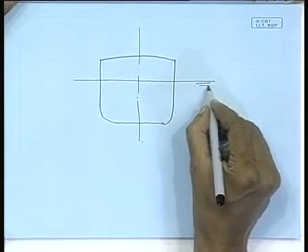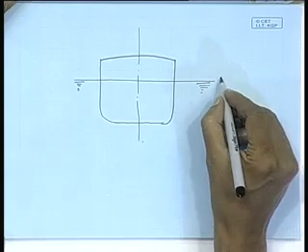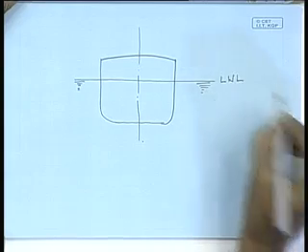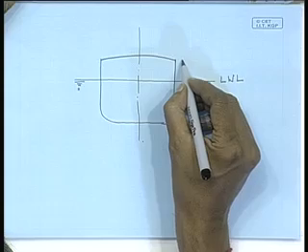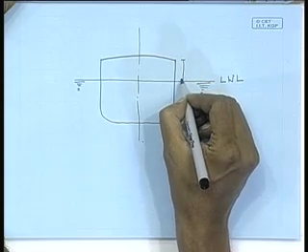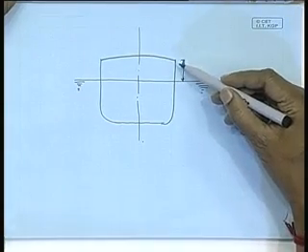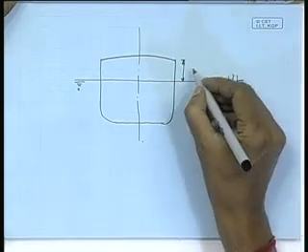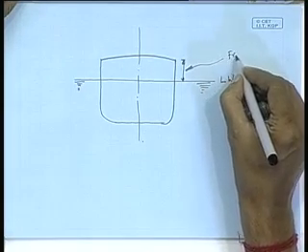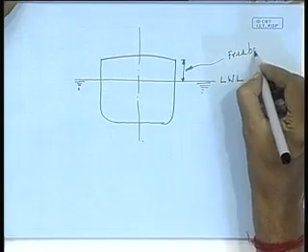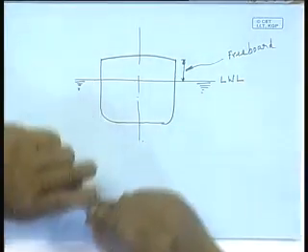Let us assume that this is my LWL, the load water line at the loaded departure condition. The distance from the deck at side to the load water line is referred to as freeboard, right?